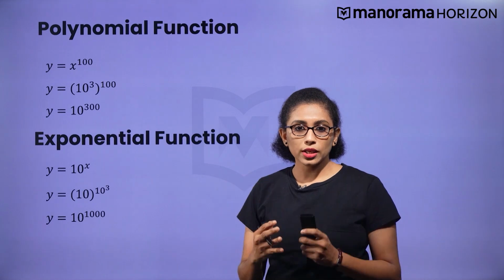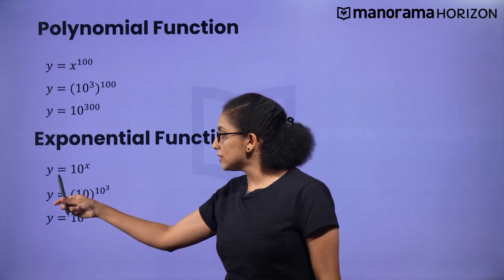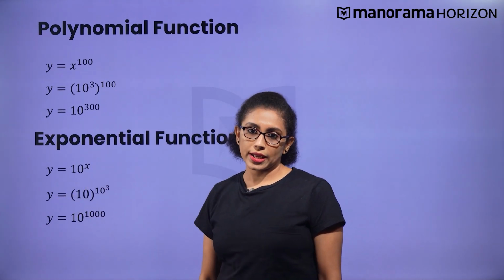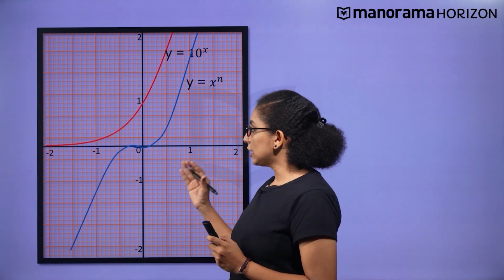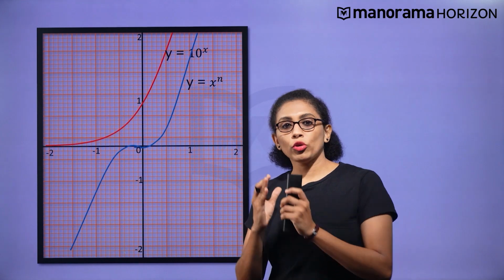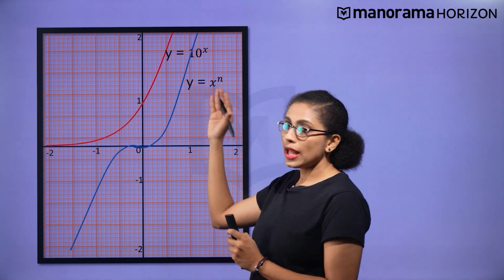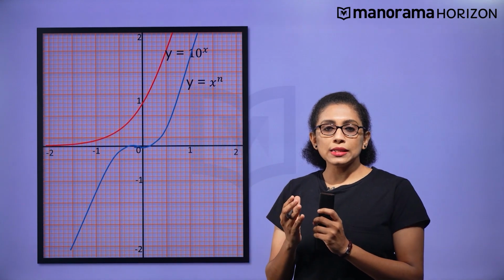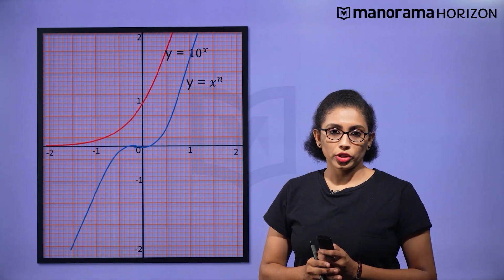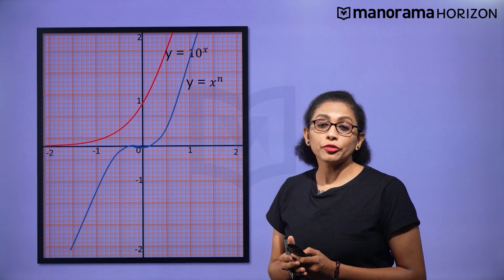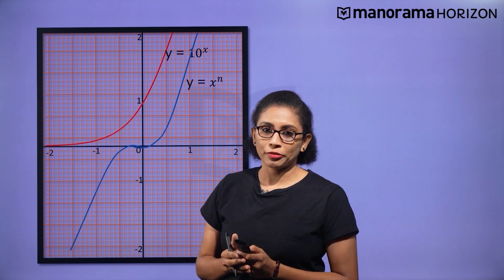Why? Because here in the exponential function y is equal to 10 raised to x, right? Now it is clear that the curve is steeper for the exponential function, which means the function increases more than the polynomial function.